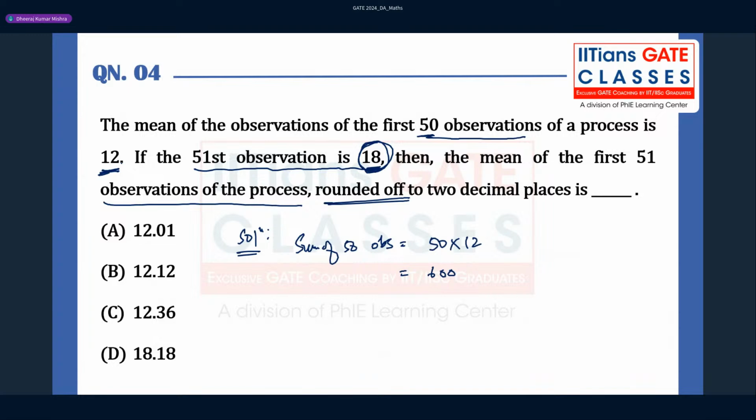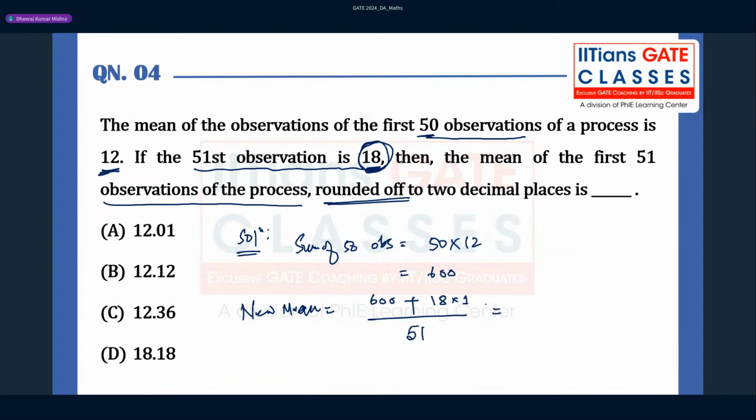The new mean, or average, will be equal to the sum, 600 plus 18 into 1, upon the total, 51.